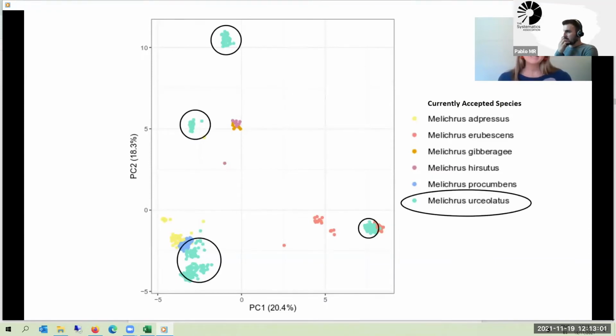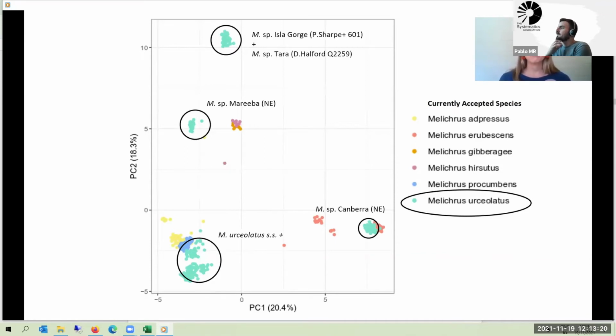Now, this PCA is rich with taxonomic information, but perhaps most strikingly, Melichrus urceolatus, shown here in green, actually separates into at least 4 distinct groups, which occupy the extremities of genetic variation in the genus. These groups agree with species boundaries hypothesized early in the study based on key morphological differences.